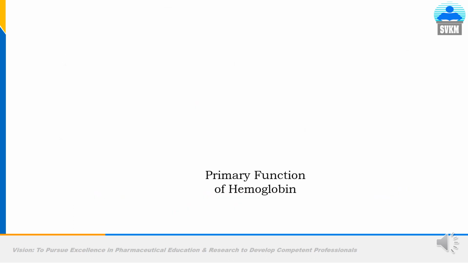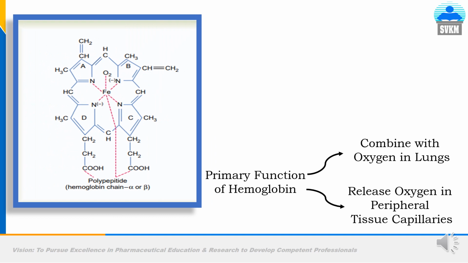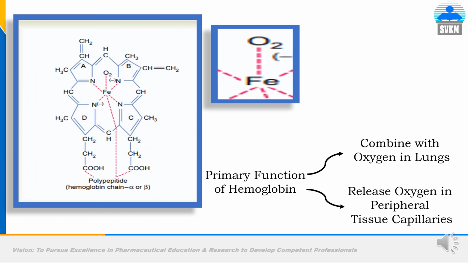The primary function of hemoglobin is to combine with oxygen in the lungs, and this combined oxygen is transported to the peripheral tissues through capillaries. In the hemoglobin molecule, the oxygen does not form a bond with the 2 positive charge of the iron atom.